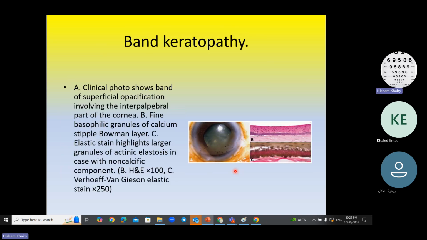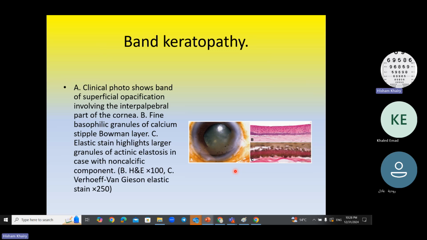Fatty degeneration and band keratopathy may be mixed up with one of the pictures of gelatinous corneal dystrophy, which occurs more in Japanese and may have a mulberry-like appearance or kumquat fruit appearance, may be like band keratopathy.